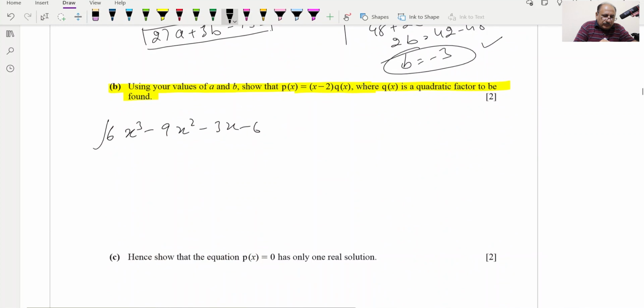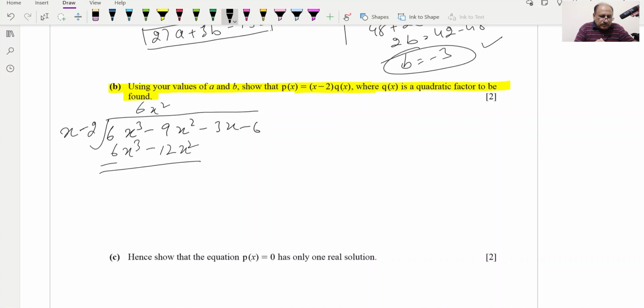Now we can divide this one by x minus 2, because this is a factor. So we will multiply by 6x squared and we will get 6x cubed minus, 6 into 2 will be 12, so 12x squared. And now we can change sign, this is gone, so this will be cancelled, and next it will be 3x squared minus 3x minus 6, and further we can multiply by plus 3x and we will get 3x squared minus 6x.